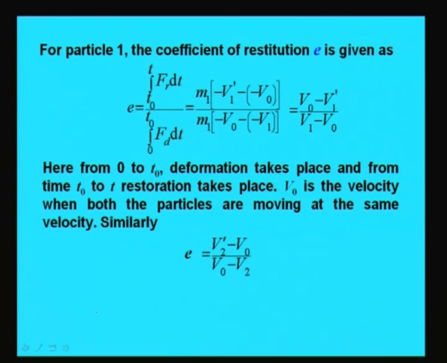We consider particle 1, and the coefficient of restitution is given as E equal to integral from T0 to T. What is T0? T0 is the time at which the bodies have started moving with the same velocity.